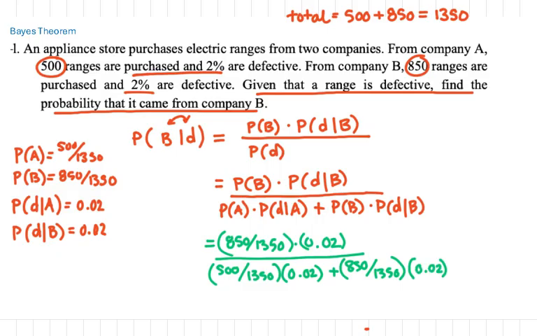And we'll get a final answer that the probability that if given the range is defective that it came from company B is 17 over 180, which we can simplify as being approximately 9.4%.